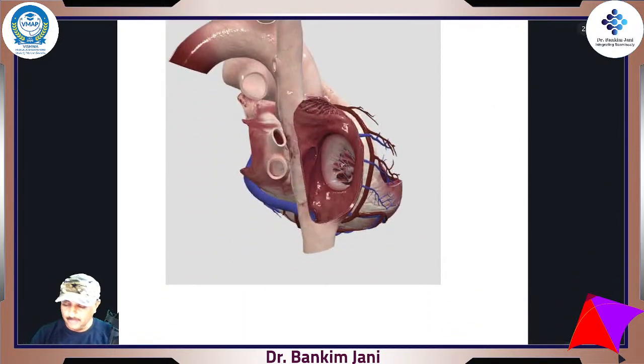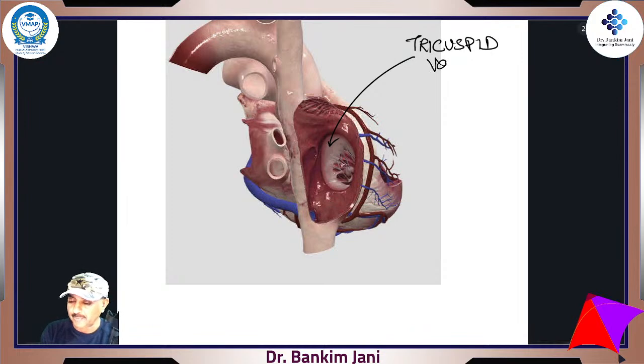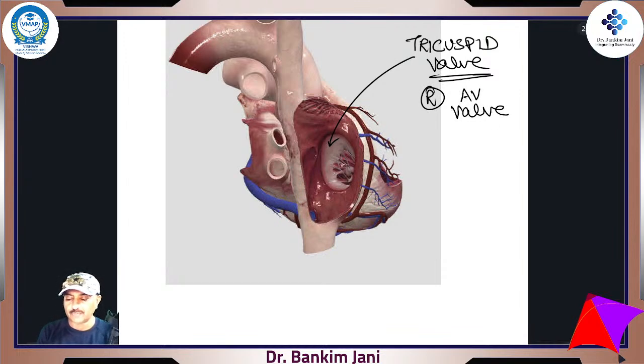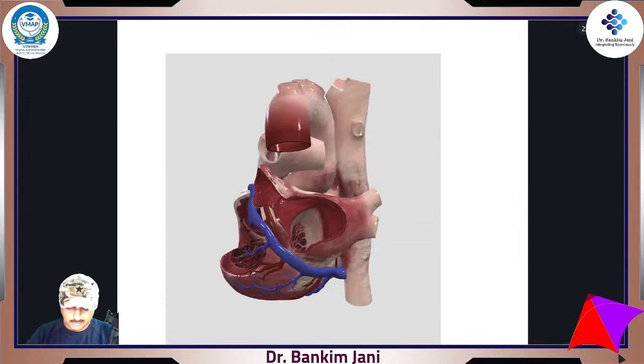We rotate slightly more and we see this valve, which is none other than the valve between the right atrium and the right ventricle. So it has to be the tricuspid valve. We'll see this valve in more detail, because we'll be able to see one more new structure which we were not able to see clearly during the dissection. So this is the right atrioventricular valve, or the tricuspid valve. We see it in more detail here.